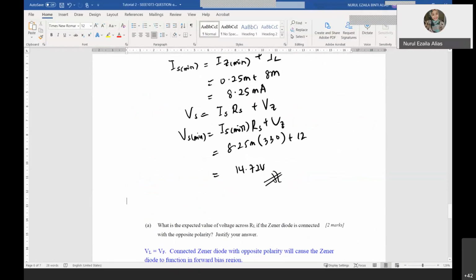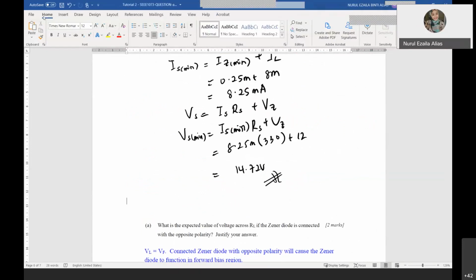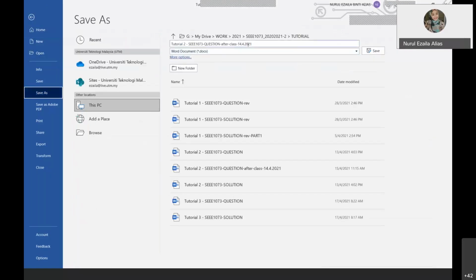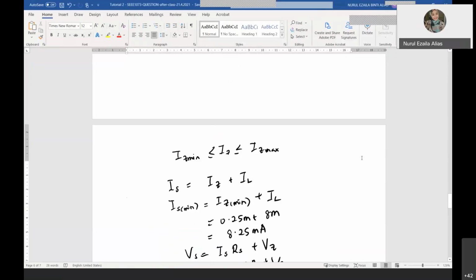So you can expect that in your test, you're going to have this kind of question. There will be a question for this part, Zener diode. So do you have any question regarding this?